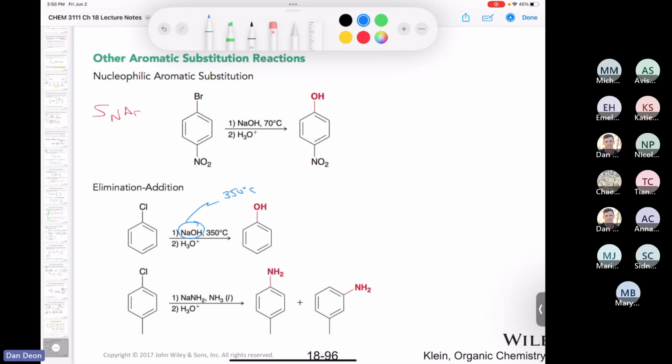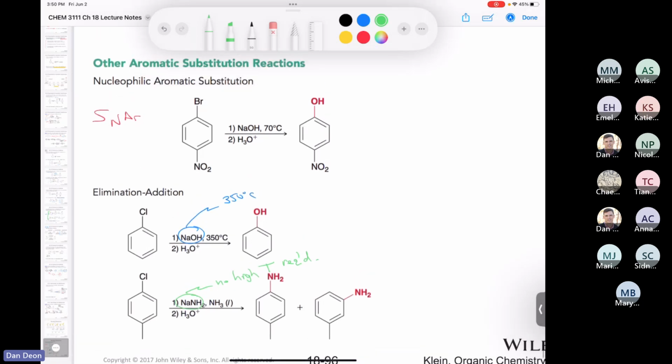And I know you can see that. And then the ones with amide, no high temp required. All right, and that's how you remember the difference between the two. Nothing more than that. And that's the entire chapter from soup to nuts.